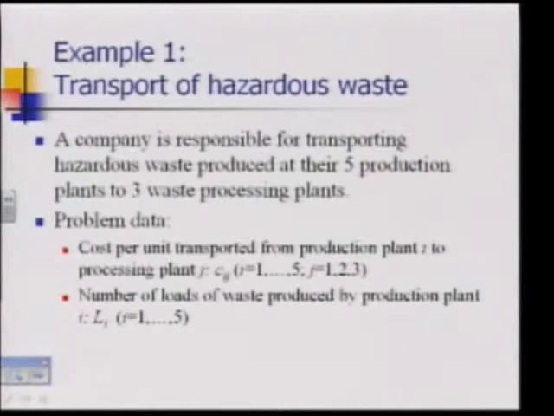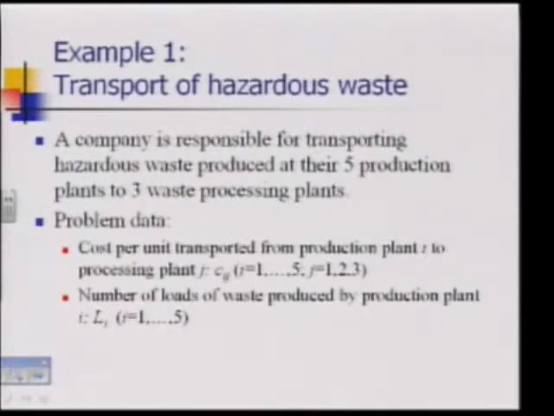You have 5 plants at different locations, and 3 waste processing plants that have to handle the waste produced by those 5 production plants. The cost per unit transported from production plant i to processing plant j is denoted by Cij. Is that clear? That's something maybe you get from the field study.